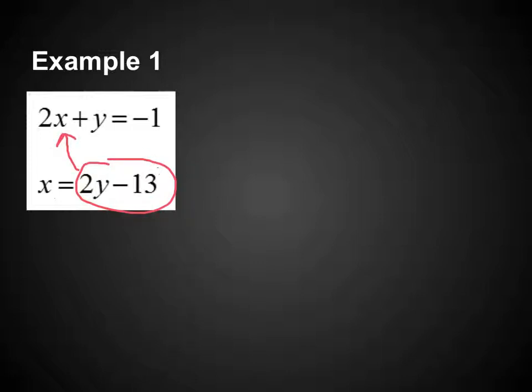Now, when we plug this in for x, we write our equation 2x plus y equals negative 1. Now, we're going to put in for x 2y minus 13. Everything else in the equation stays the same, but when we plug this in, we're going to plug it in parentheses.